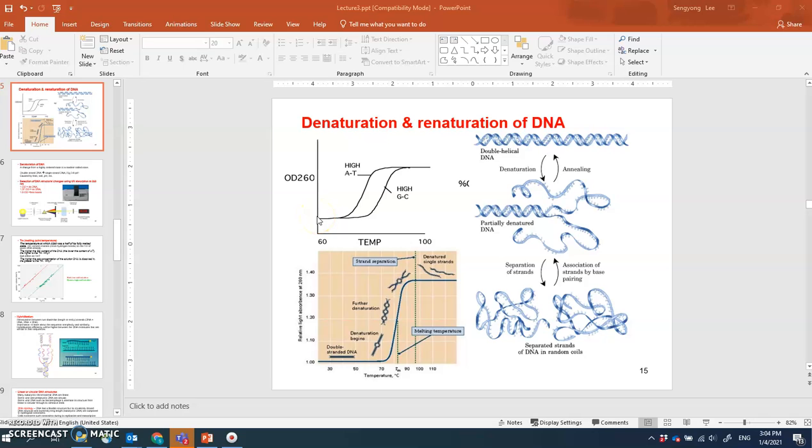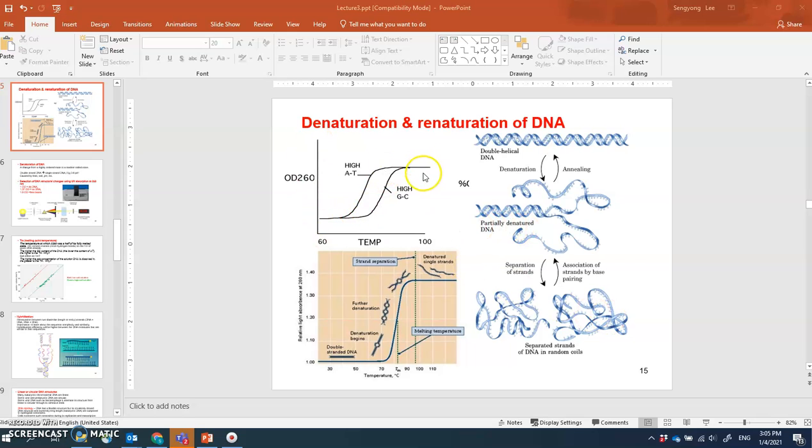If you measure your DNA using a spectrophotometer, the DNA will absorb a certain amount of light. When it's in the double-stranded form versus the single-strand form, the light absorption pattern will change dramatically. From a lower absorption, you will see a higher absorption if double-strand DNA changes to the single-strand DNA conformation. So that's what you see.